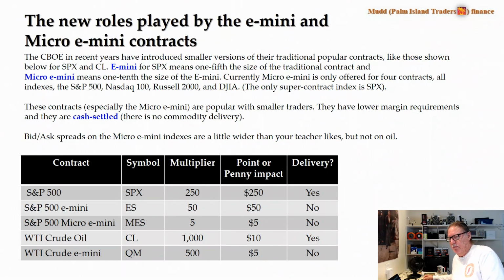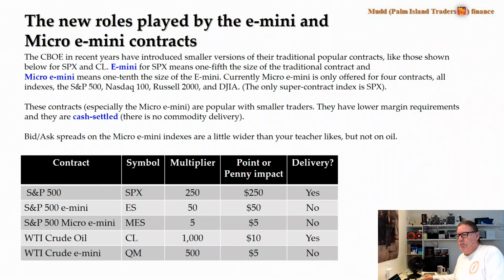So if the S&P 500 futures contract rises by 1 point, then the impact upon your account will be $250, a loss or a gain, depending upon whether you had the bet right or wrong. On the E-mini, it's 50, and of course on the tiny MicroEmini, it's only 5.